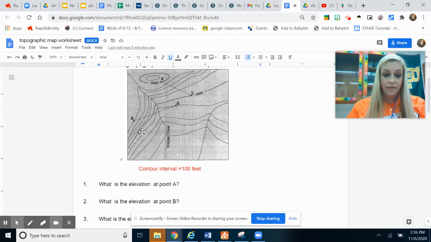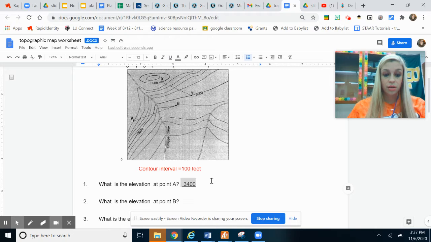If I start down here where it says 3,000 and I count up 1, 2, 3, 4 lines, that means I have to add 400 feet because the contour interval is 100 feet. So if I counted it out, I would say 3,000, 3,100, 3,200, 3,300, 3,400. So point A is at 3,400.